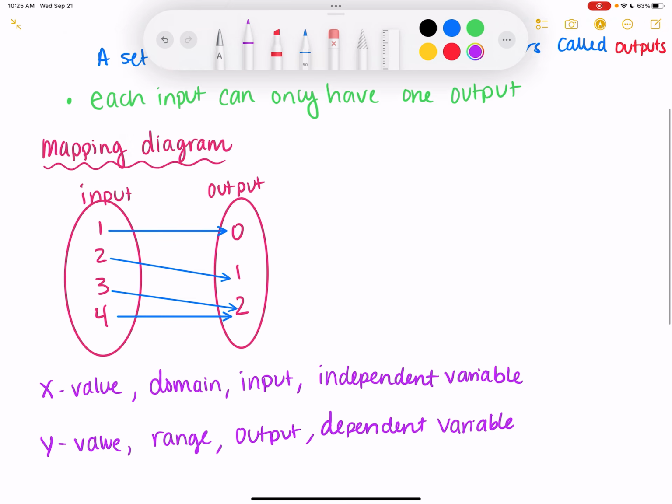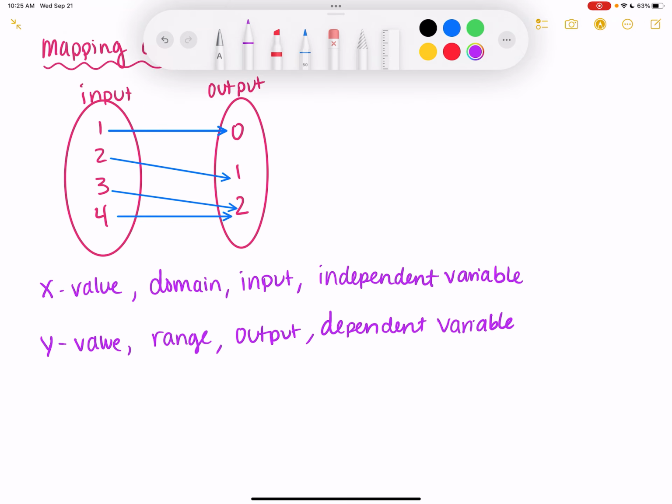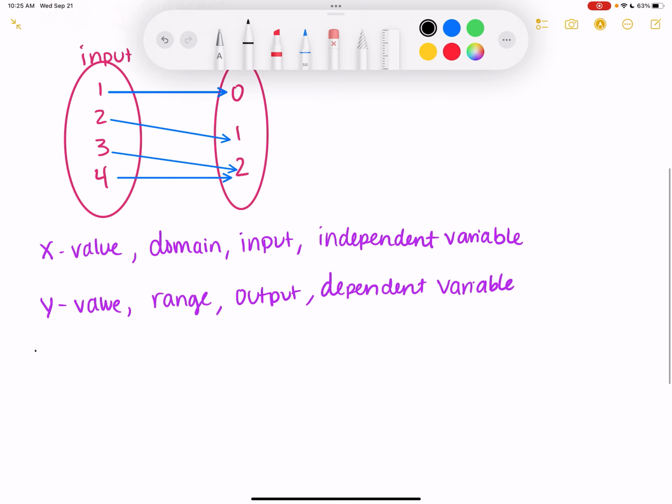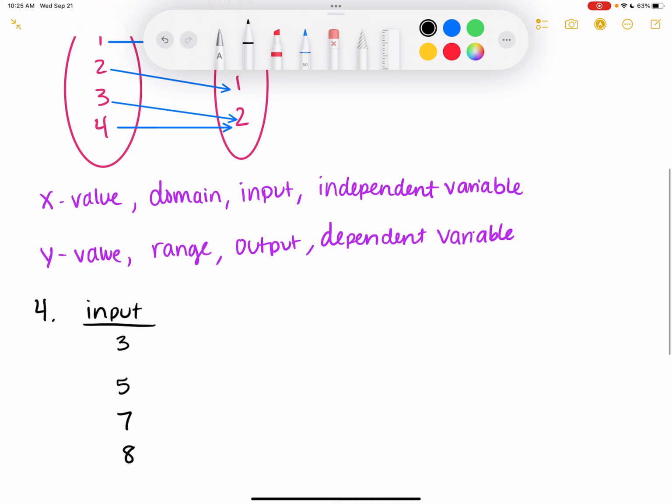Okay. Let's start to look at some examples. We may do a couple other things with it as well. But the first ones just say to identify the domain and range of the function. Okay, so number 4, our input values are 3, 5, 7, and 8.